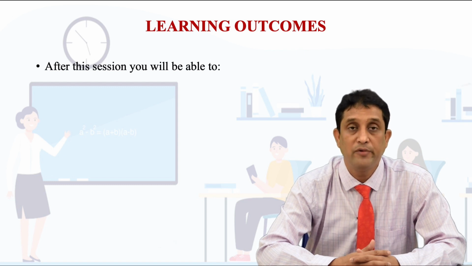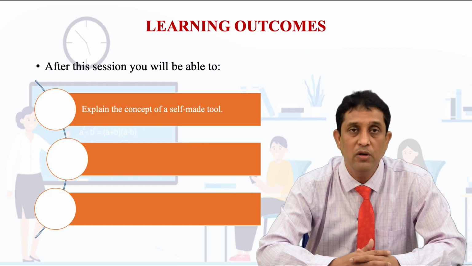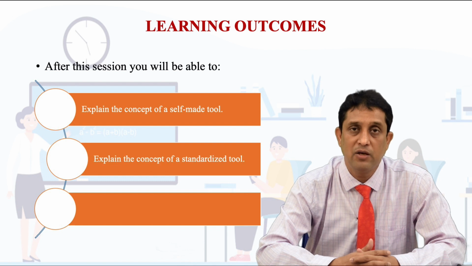After going through the content of this video lesson, you will be able to explain the concept of a self-made tool, explain the concept of a standardized tool, and differentiate between self-made and standardized tools. So three learning outcomes are there: the concept of the self-made tool, the concept of the standardized tool, and the difference between them.